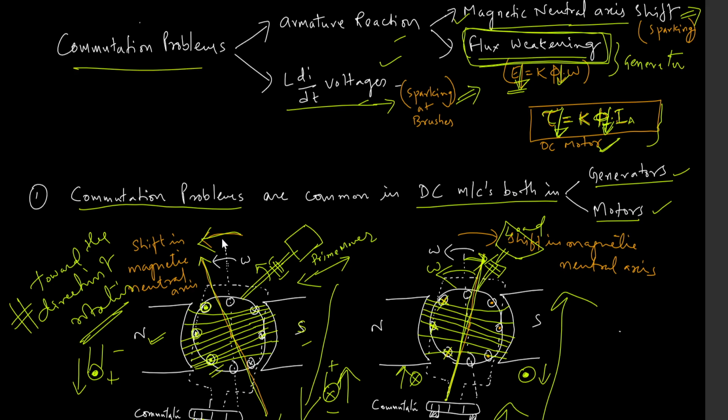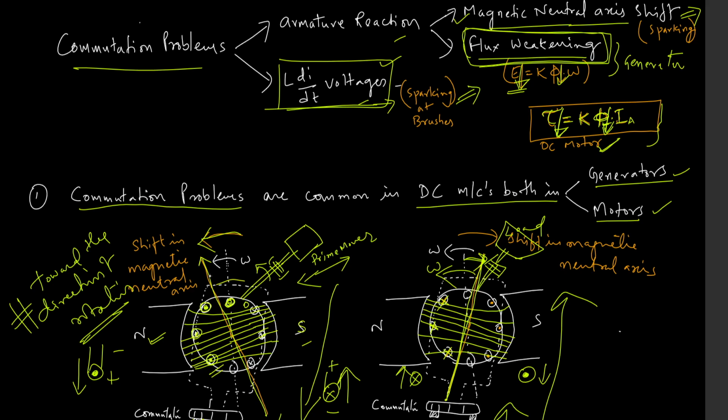So commutation. Now coming to the L dI by dt voltages, they exist in both generator as well as motor, because as this coil, initially it was here somewhere, at some moment it is coming to the neutral axis and then it is moving to this side.